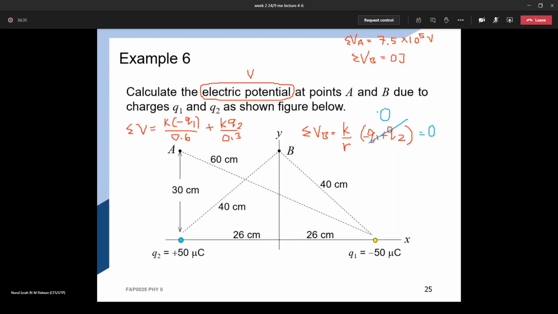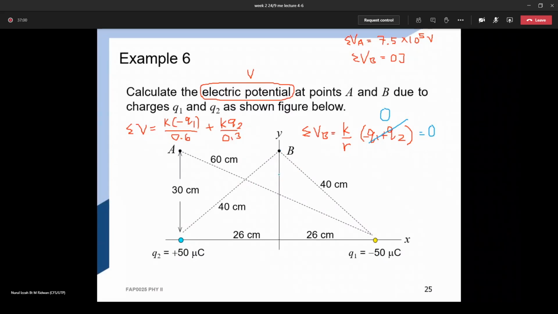So it's due to this calculation. You already know why the answer is 0, because one is positive, one is negative, so it is cancelled off. At point B here, as the distance is the same, the magnitude of the charge is the same but opposite, then you will have the voltage, or the potential, at that point equals to 0.